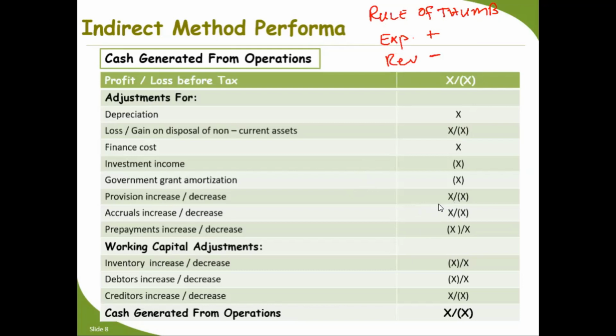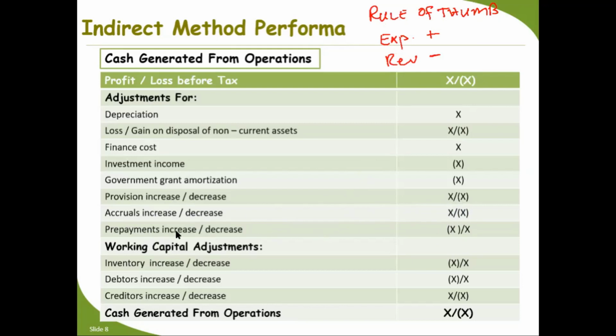And if your liabilities will decrease, it means you have made more payment, that is your outflow. So provision increase, added back, and decrease subtracted. Again, accrued income, increase added back, and decrease subtracted.